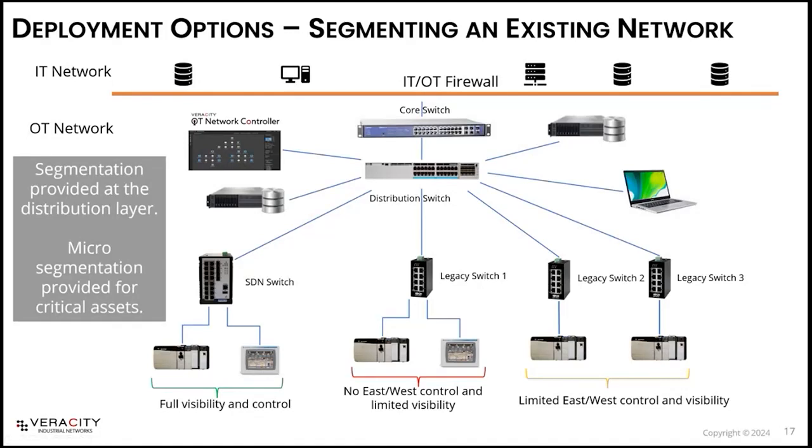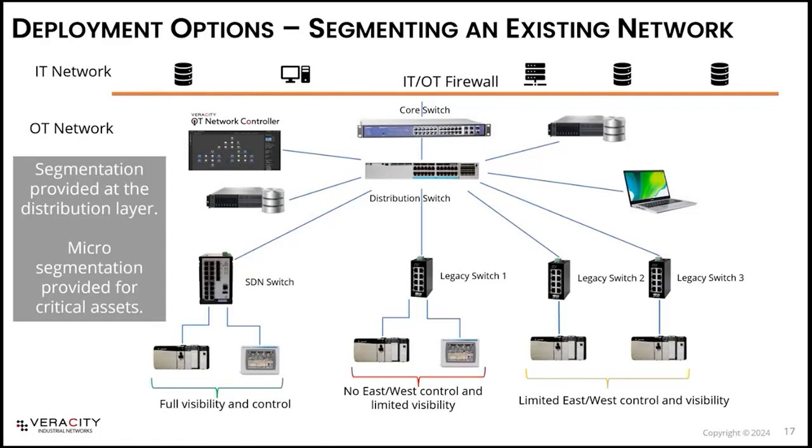When we work with legacy networks or traditional networks, if there's east-west traffic that's not going through an SDN switch, we have very little visibility and control over that. But if you have east-west traffic that actually goes up through here, so one segment to another, we can provide some control and visibility to the devices that are communicating on that.